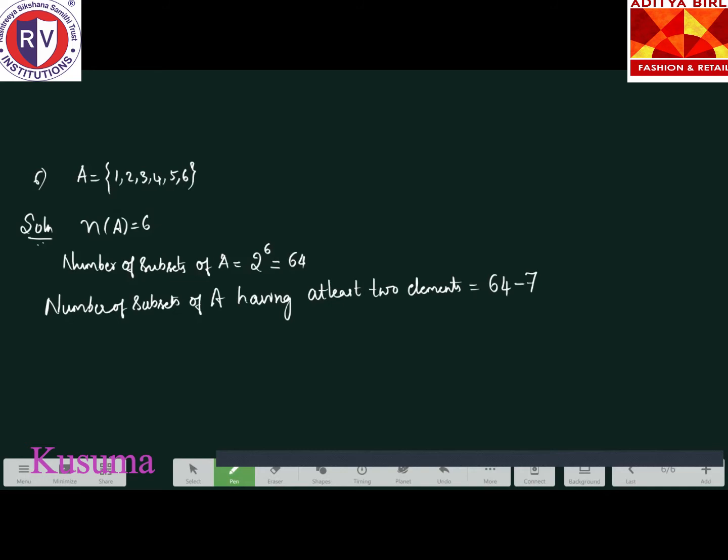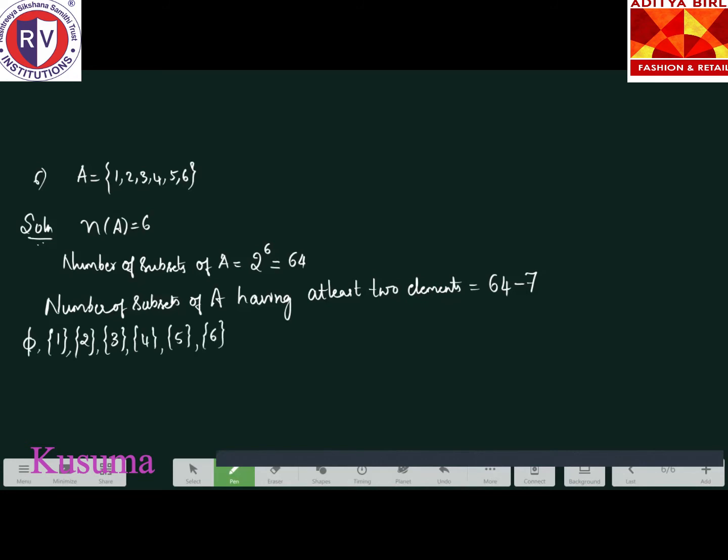Why is it 7? Because the number of subsets which have fewer than 2 elements are the empty set and the singleton sets of 1, 2, 3, 4, 5 and 6, right?